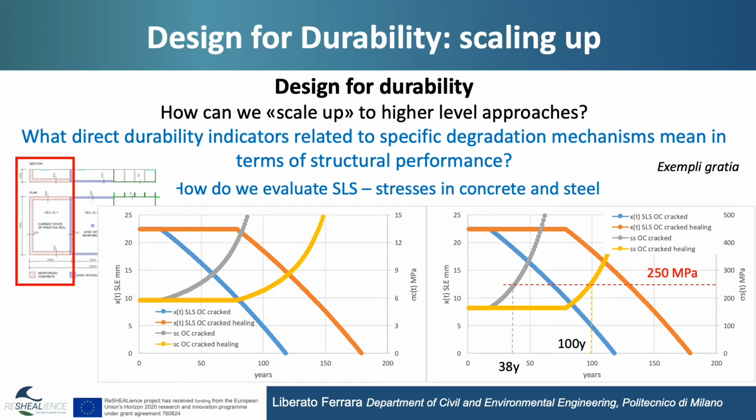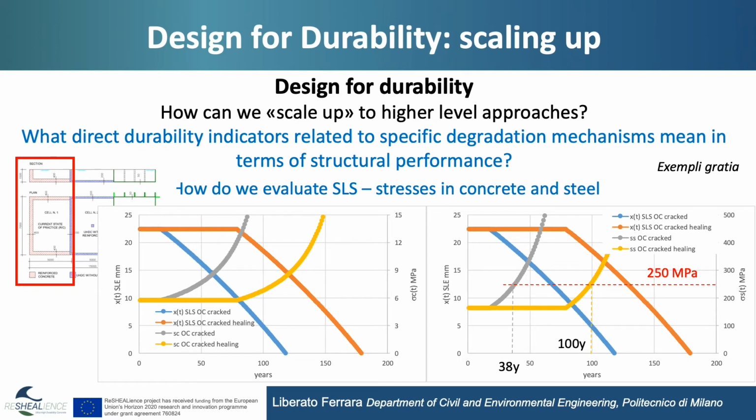Well, I have considered here a cracked situation, so we only have two curves, and look at the gray curve. The stress in steel after the corrosion starts rapidly increases and reaches, I put a 250 limit, which means that we are at around 1 per mil deformation level, and this corresponds to an acceptable level of crack opening.